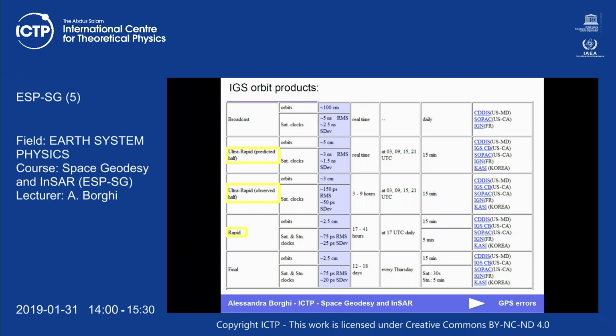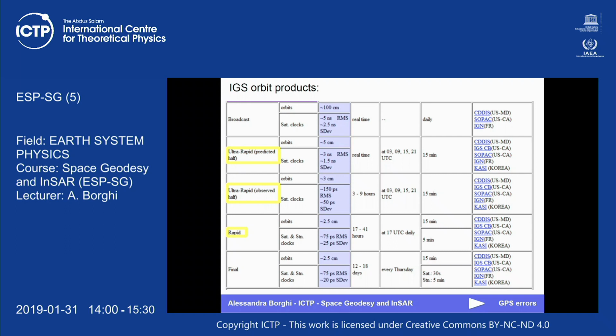We can wait this time to have the final, most precise solution. In other applications that are important for hazards, for instance, it's better to use good quality ephemerides, but in a short time, for instance, for tsunami hazard and so on.